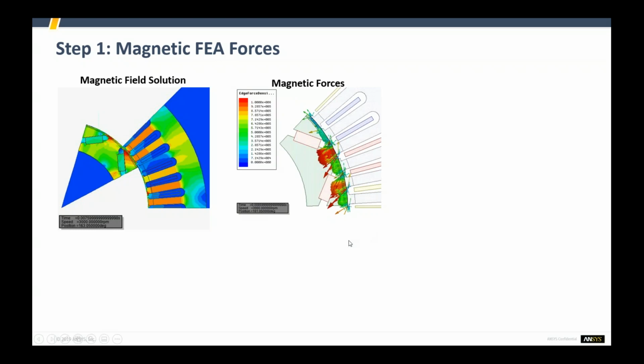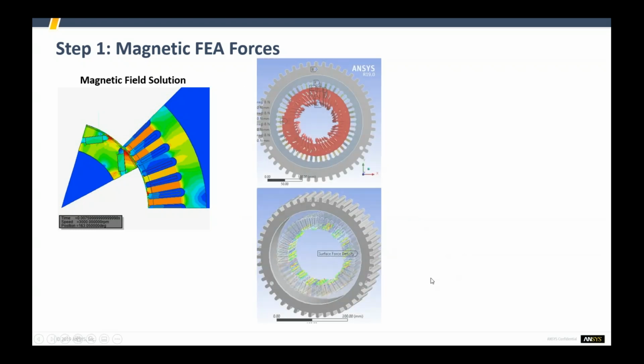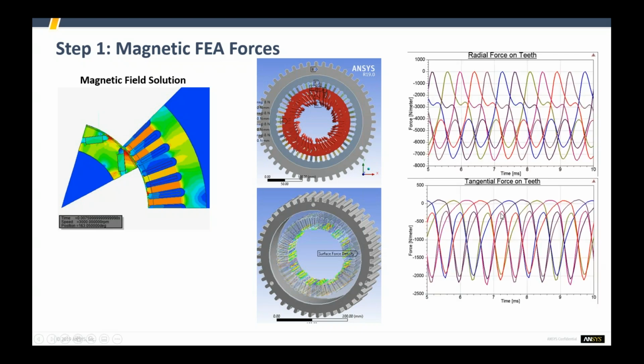So we're looking at a time domain animation that tells you the speed is 3,000 RPM and gives you the position of the magnetic force, the edge force density, basically, on the teeth. Then we can use those forces as inputs when we go to the structural simulation.